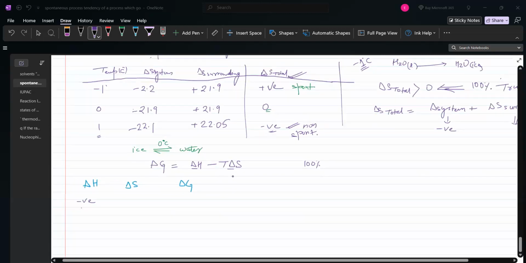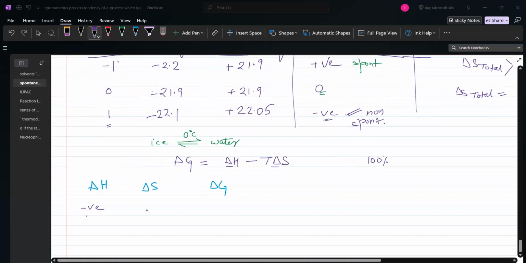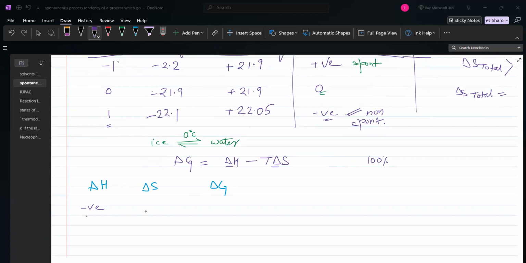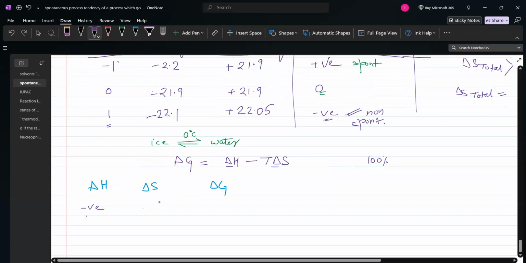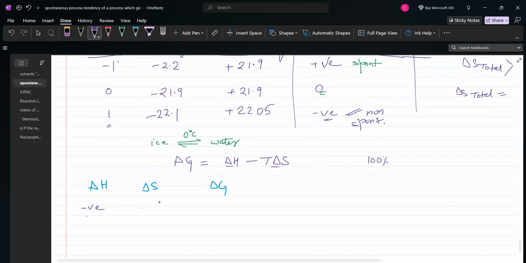So what we are saying? Don't you think exothermic reactions are spontaneous? We can say spontaneous because it is releasing energy, right? So this is a favorable condition because it does not want anything from us. They are releasing energy. This is a favorable condition for spontaneity.